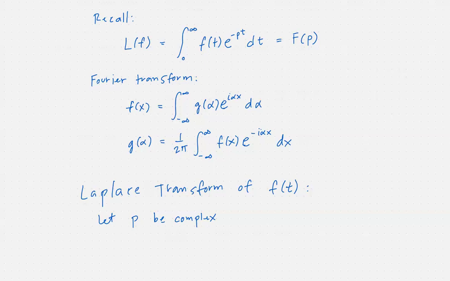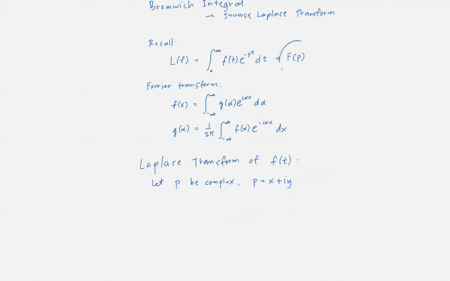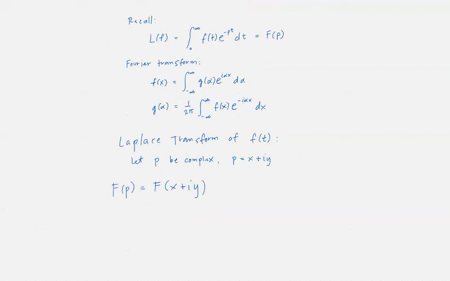And therefore, our goal, the F of p, or capital F of p, can be written as capital F of x plus iy, okay? Or we can just define it as z also, which is just another variable for complex number. So this is going to be F of x plus iy. And then that is equivalent to the integral above, which is from 0 to infinity of f of t e raised to negative p t dt.